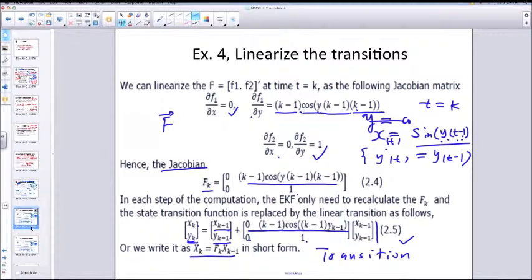It's exactly what you saw in the last lesson, but this change is not a constant, because when the k changes, this number changes. That's the problem. In the previous lesson, this is completely a constant. You don't need to put this little k on the bottom, because you can put just F, good enough. But today, in each step, you need to calculate the Jacobian at each time step. That's the difference.